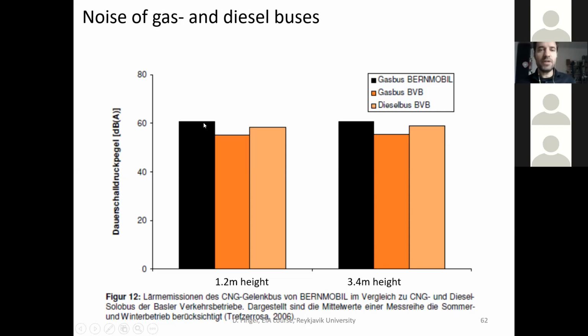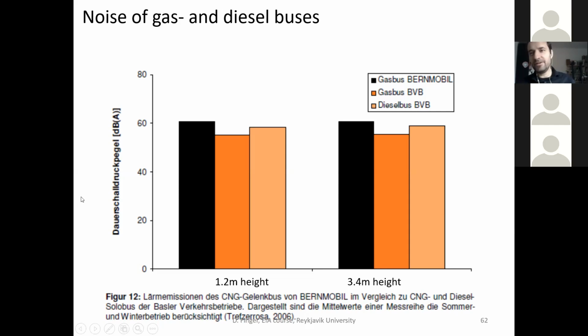Unfortunately, this figure doesn't show the uncertainty, but if I remember correctly it was about 10%. If you measure several times, there's a certain variability due to the uncertainty of the measurement. Since the variability of the measurements, about 10%, is higher than the difference seen here, there's no significant difference between diesel and gas buses, at least in the experiment we made.